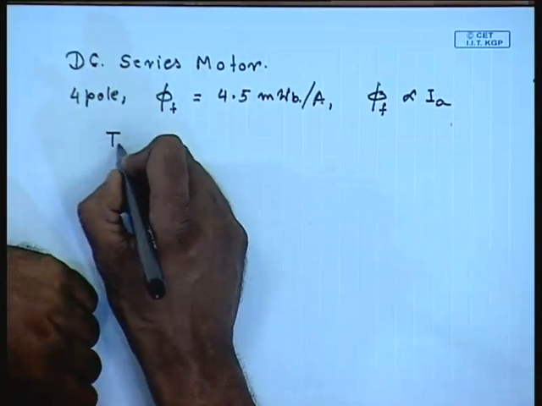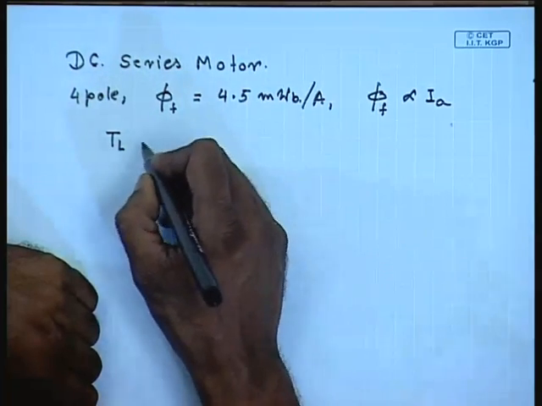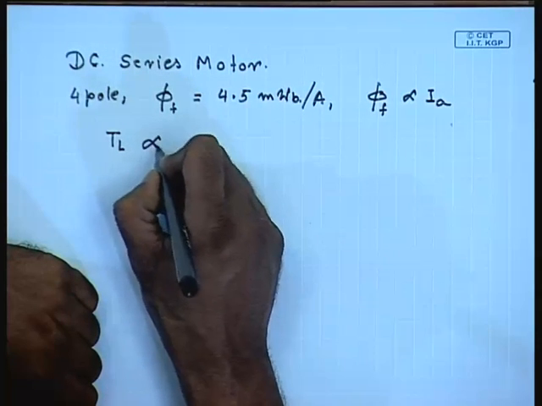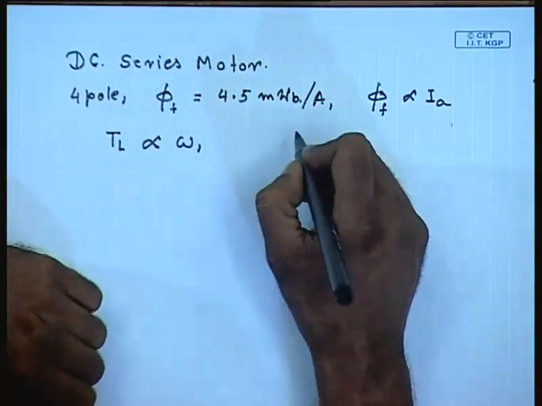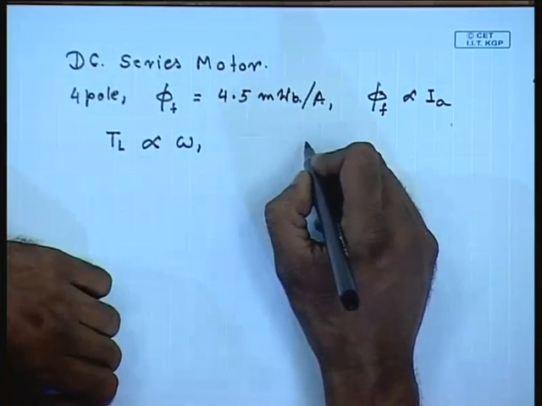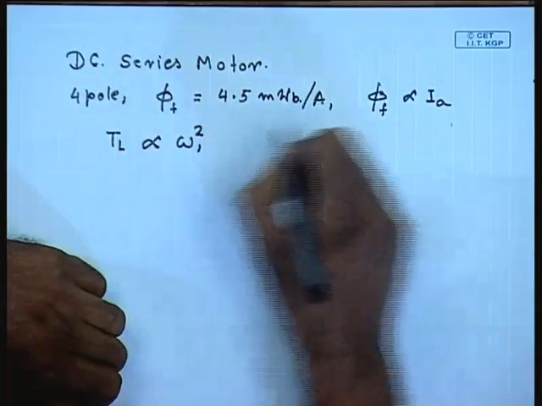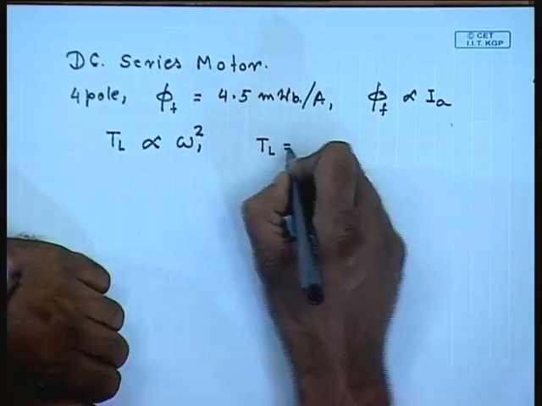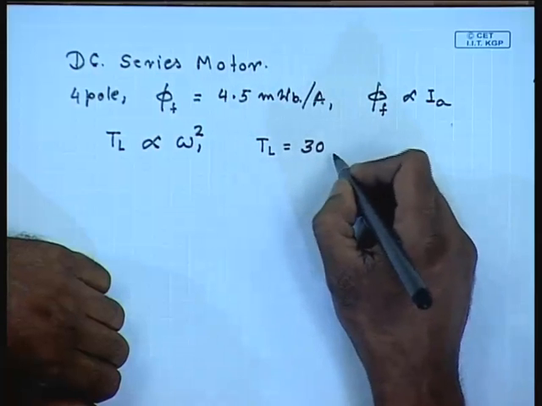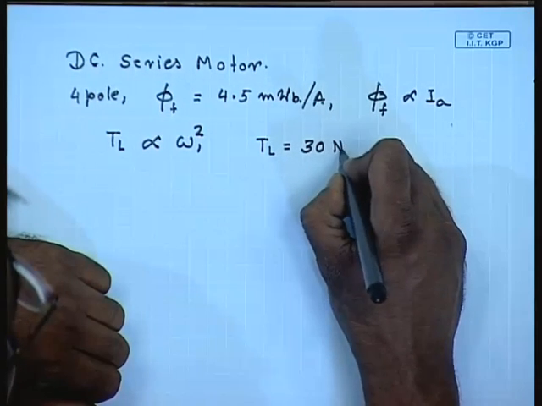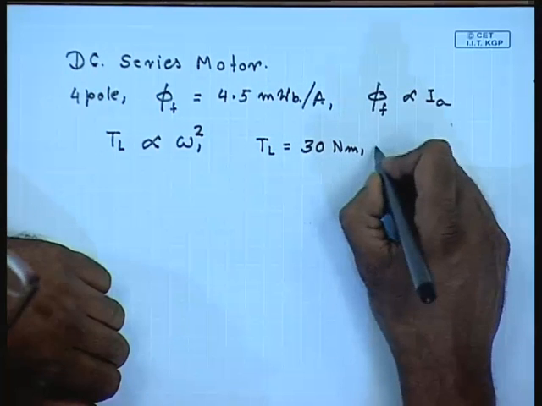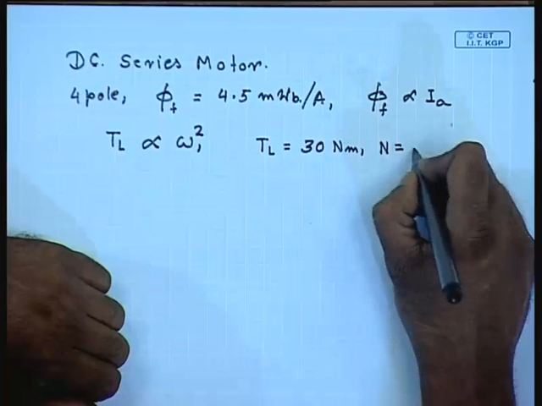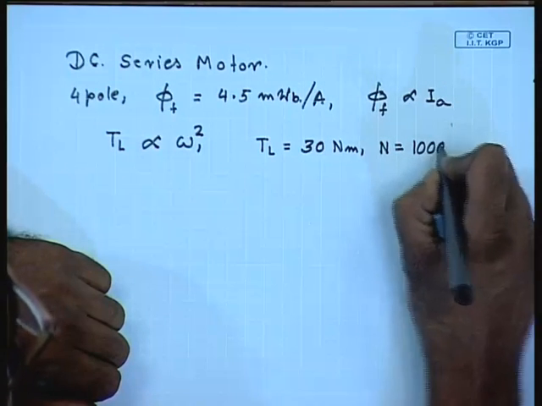The load torque TL is proportional to omega square, and TL equal to 30 Newton meter when n equal to 1000 RPM.